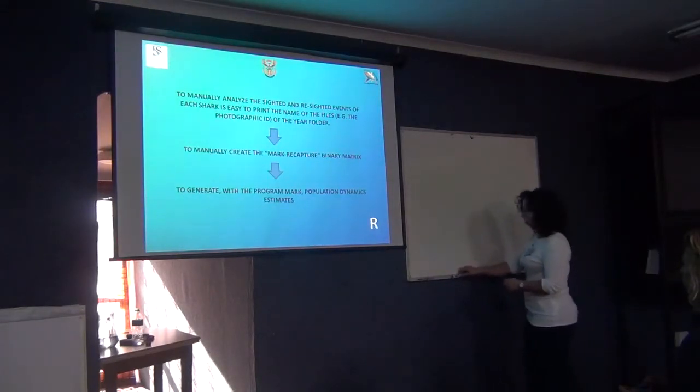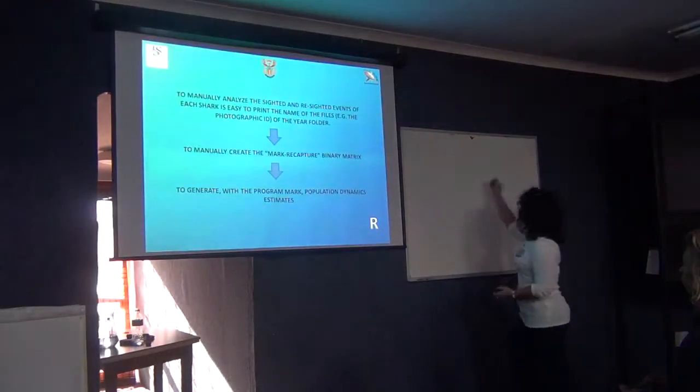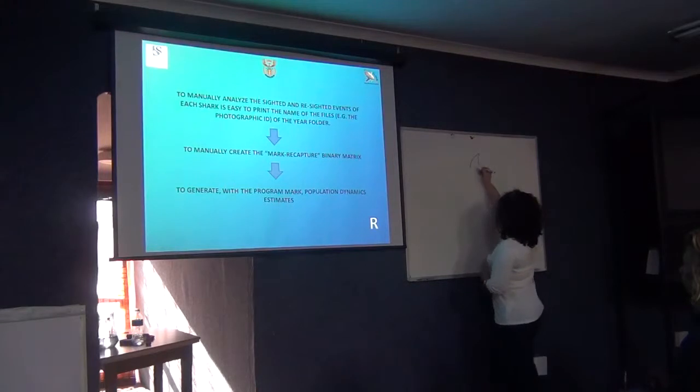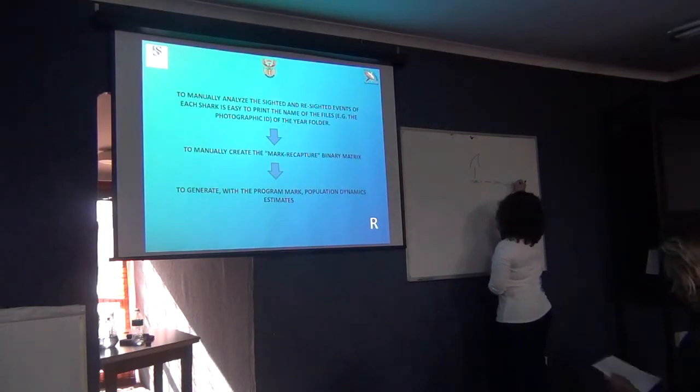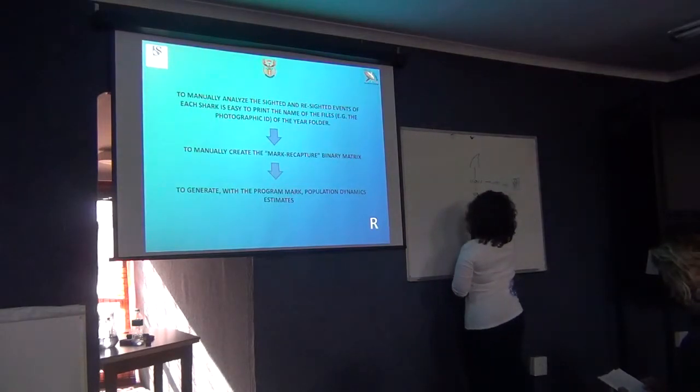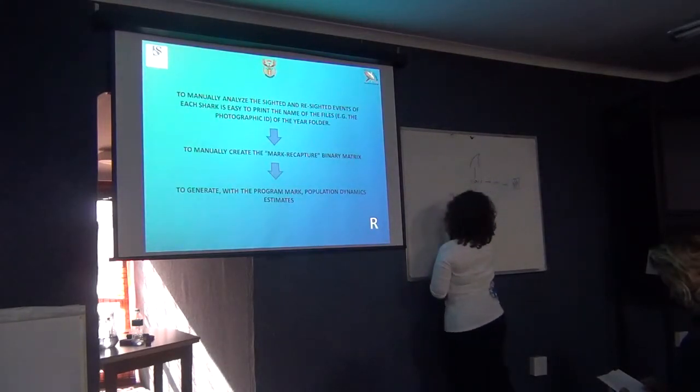Now, so I breathe a little bit. Okay, so I got my fin. I check if it is usable. If it's not usable, it goes in the dustbin. If it's usable, then I have to make the barcode.